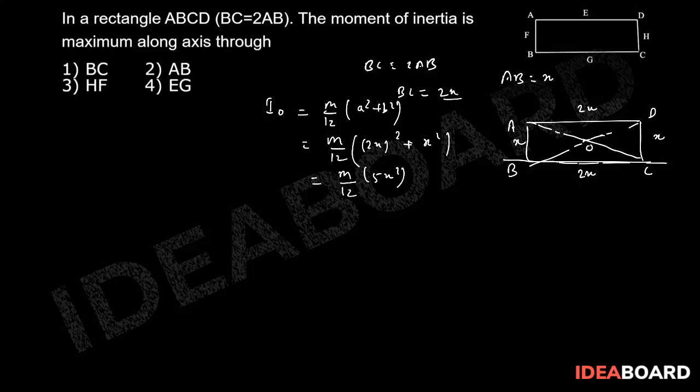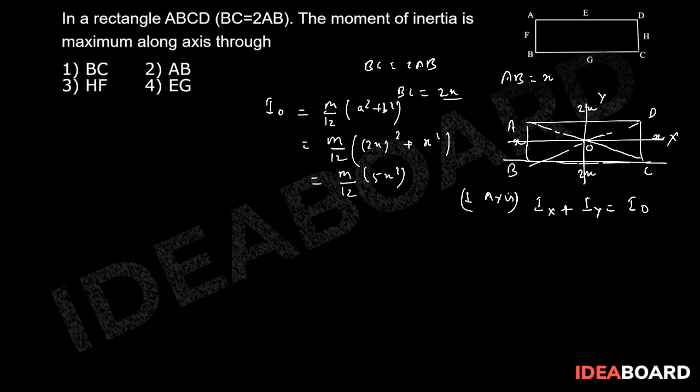So before calculating for BC, we need to find the moment of inertia along the x and y axes. This is the y axis, this is the x axis. We know that Ix plus Iy will be I0 because of the perpendicular axis theorem.